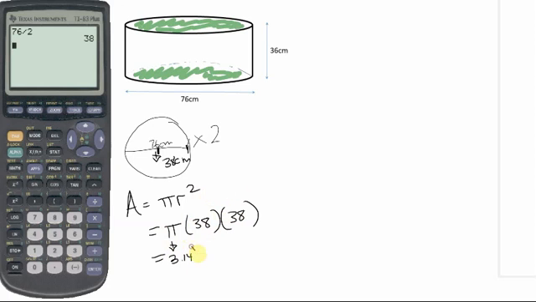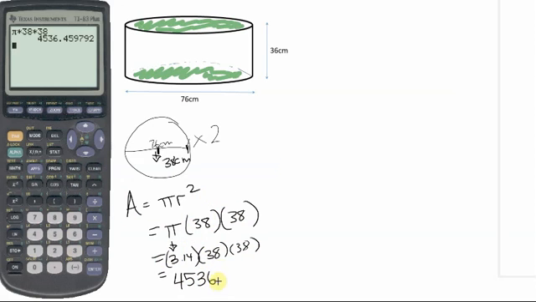If you don't have this calculator, just do 3.14 times 38 times 38. I'm actually going to use the button. So pi times 38 times 38, and the area of one of these circles is going to be 4536.46 and all that kind of stuff.